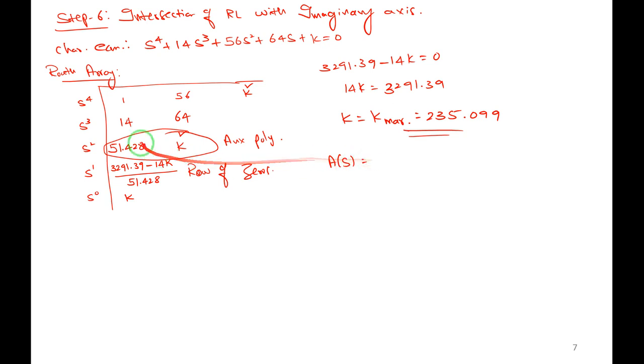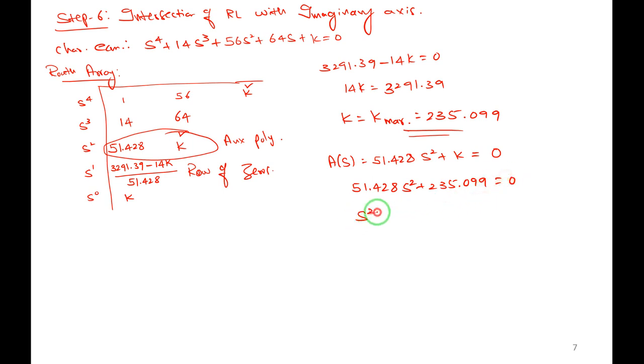It is equal to 51.428 s square plus k into s to the power of 0, and s to the power of 0 is 1, so equated to 0. Substitute this value of k here: 51.428 s square plus k, which is nothing but the k marginal value, so 235.099 equal to 0.